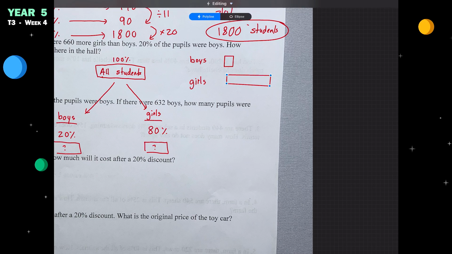Something like this. Maybe a bit shorter. Alright, something like that.